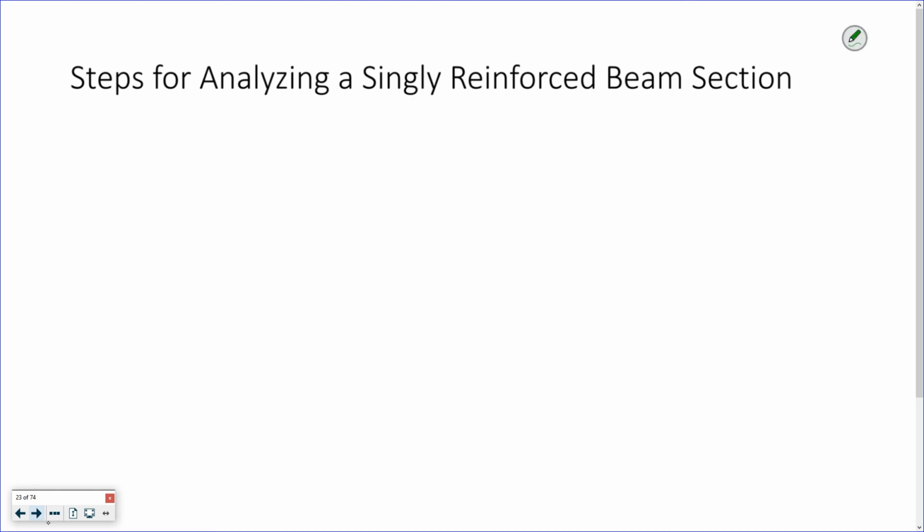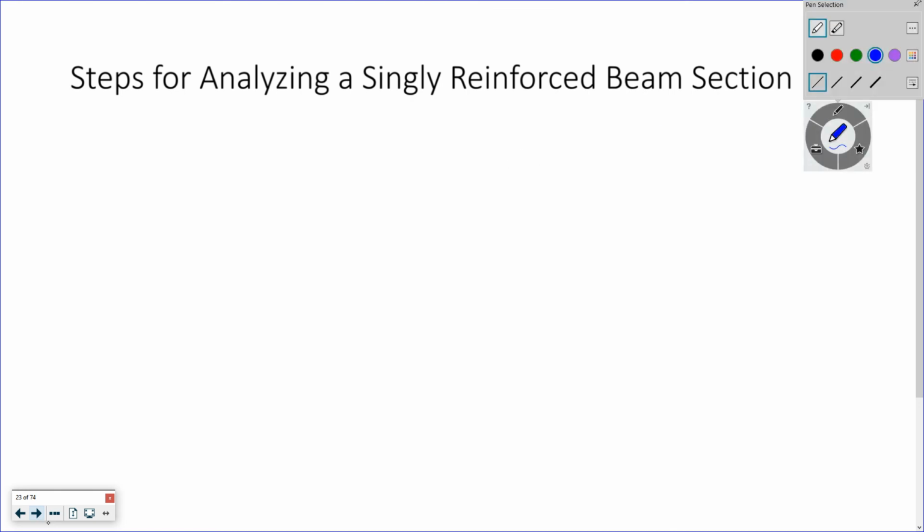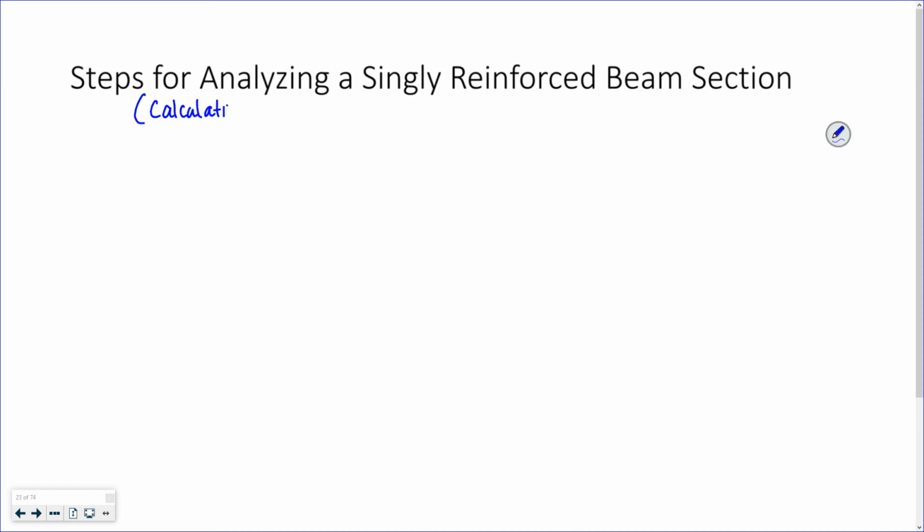So analyzing a section. And what I mean by analyzing is we're going to calculate its capacity, or phi Mn eventually. Let's say this is a given section. We already know what it looks like. Now we're just going back. We're not designing anything yet. We're just calculating its capacity.